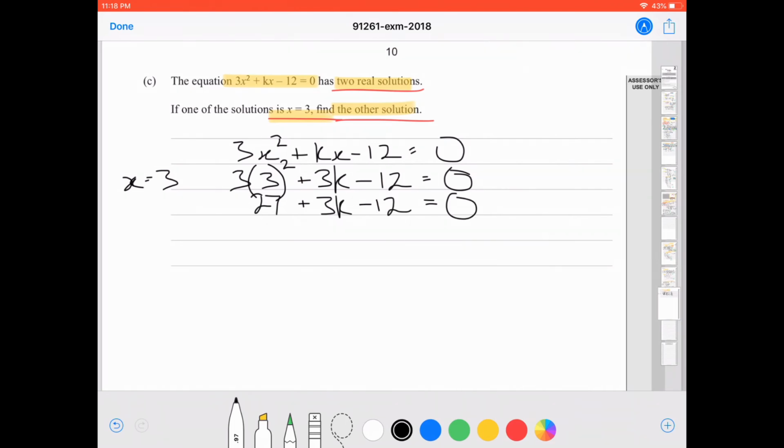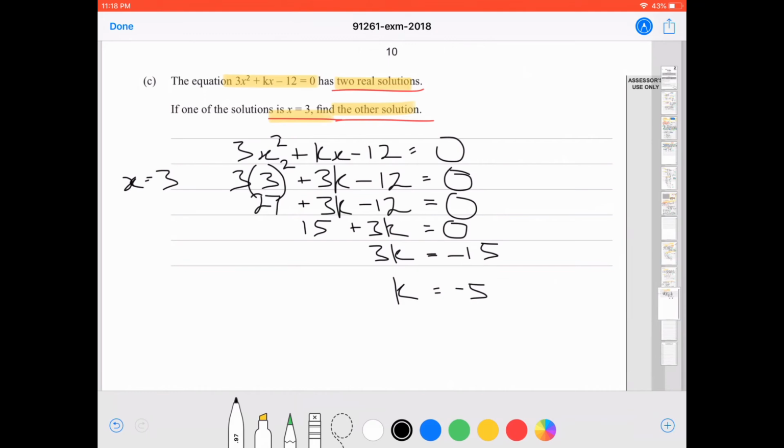And so we've got some like terms here. 27 minus 12 is 15 plus 3k equals 0. So we can solve for k. We can say 3k equals, bring the 15 to the right hand side, so minus 15. Divide by 3 on both sides, so k equals minus 5 here.